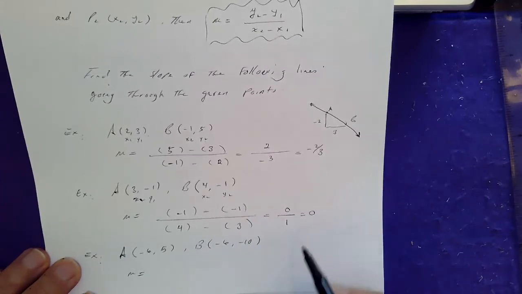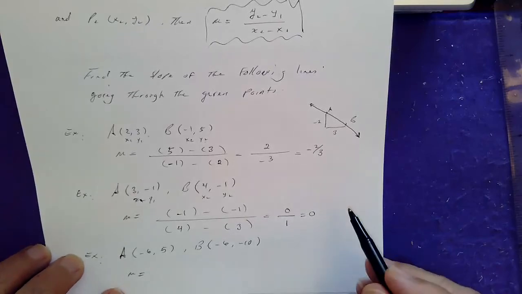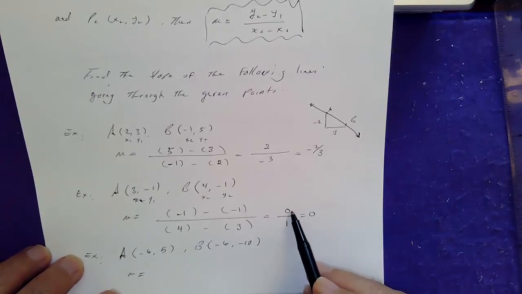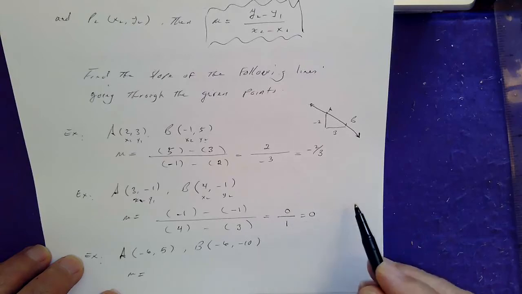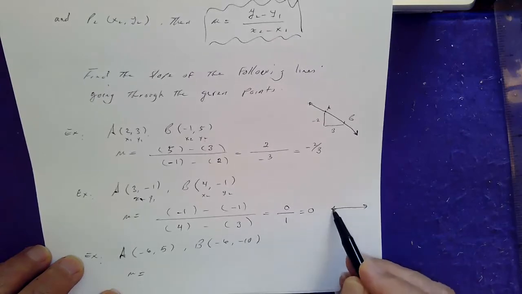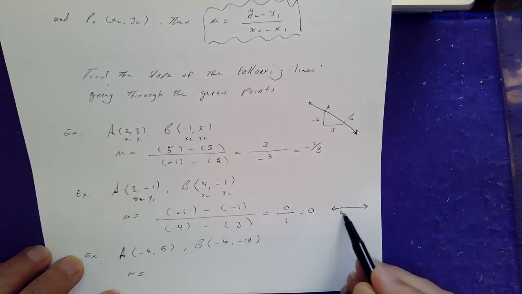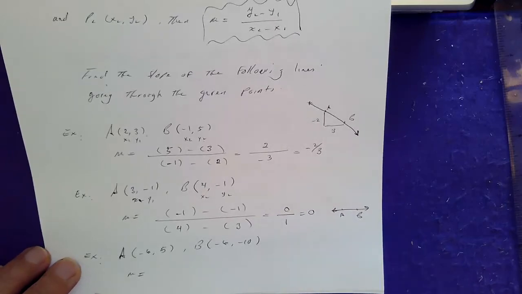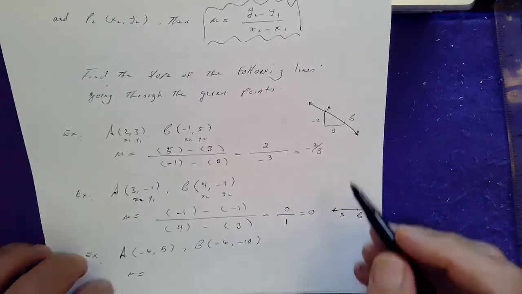So the slope is 0. What does that mean? That means you are not going up and down, but you're going 1 unit over from point A to point B. So the line is pretty much a flat line. Do you see it? This is called a horizontal line.